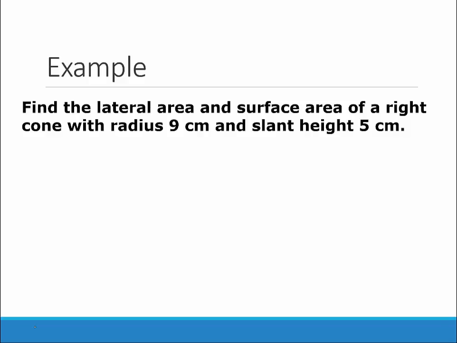So find the lateral area and surface area of a right cone with a radius of 9 and a slant height of 5. So our lateral area is pi times radius times slant height. So we just got to plug it in. So we end up with the lateral area is 45 pi centimeters squared. And then the surface area, we have to add the base.